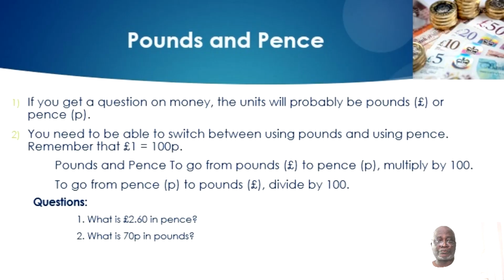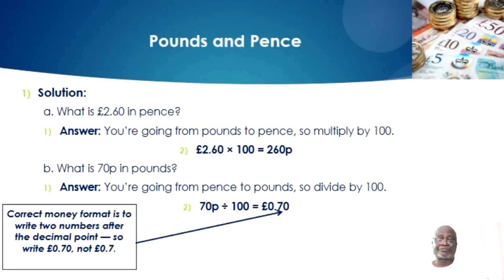Here's a question. What is 2 pounds 60p in pence? And here's another question. What is 70p in pounds? The solution is as follows. To convert 2 pounds 60p to pence, you simply multiply by 100, and that will give you 260p.